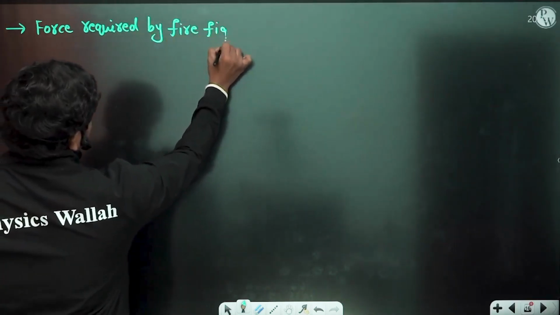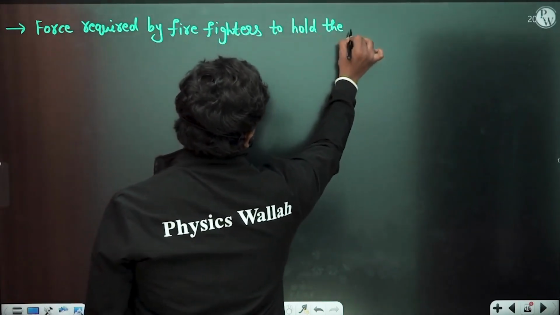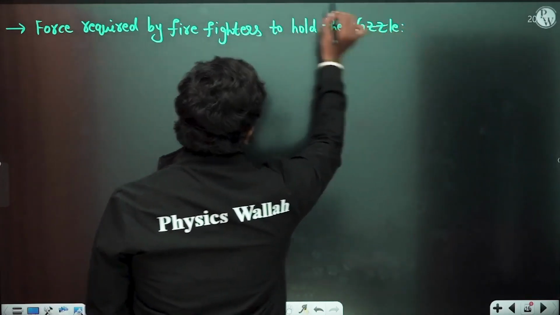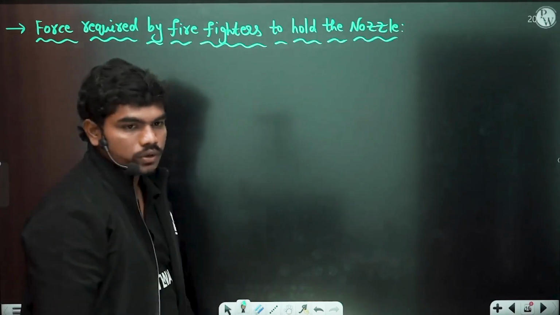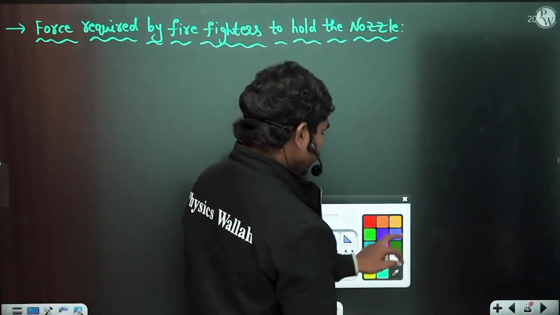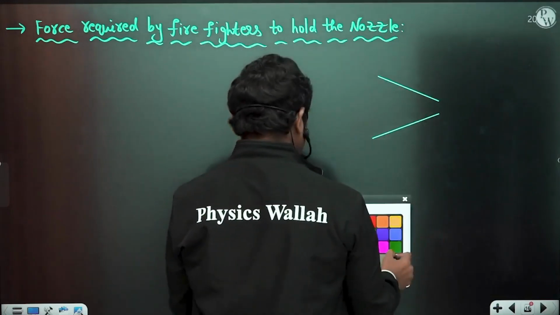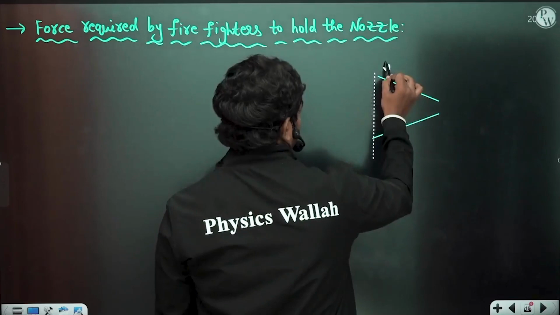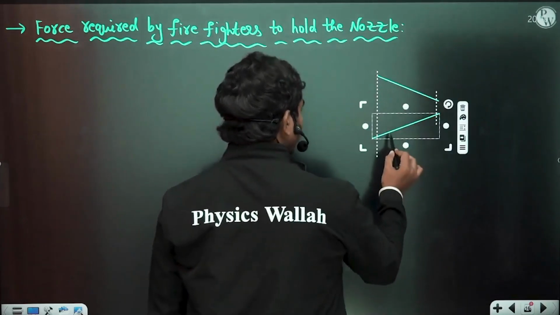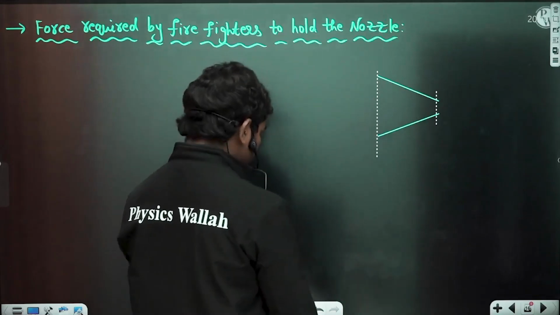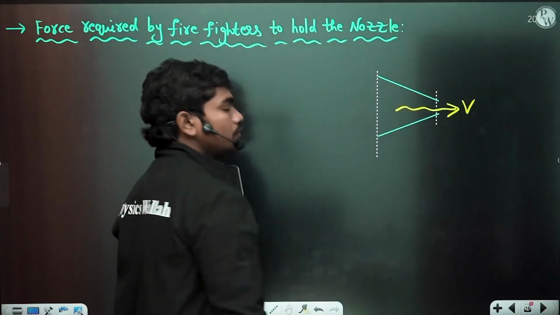Sometimes what happens is, if you see there is some nozzle, let us suppose this is the nozzle, for example, from which the fluid is actually coming out with some velocity v.